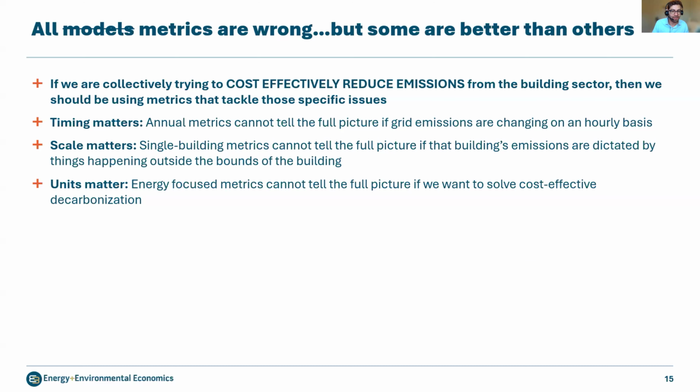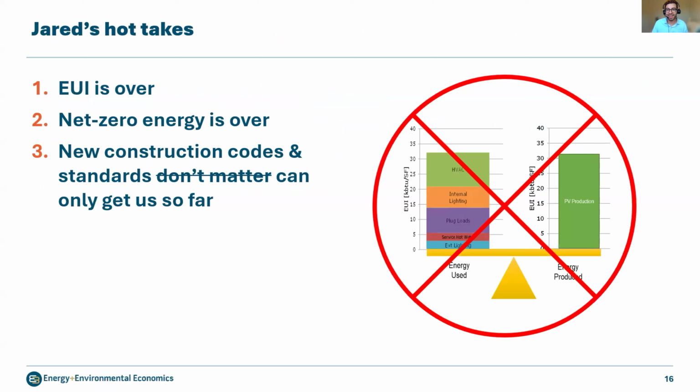And so I want to end with some of my hot takes. These are not endorsed by anyone. These are explicitly Jared Landsman's thoughts. But I believe the time of EUI is over. I know that this metric is really just starting to get its groove in the industry, and some folks are just starting to use this, but I think maybe it's time to skip over the EUI and move on to what's next.